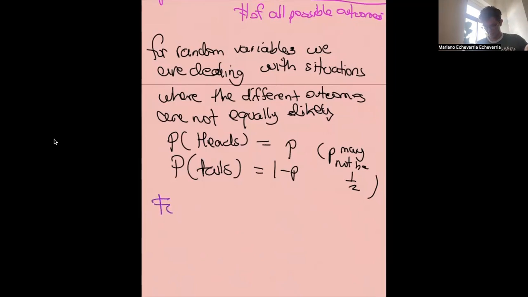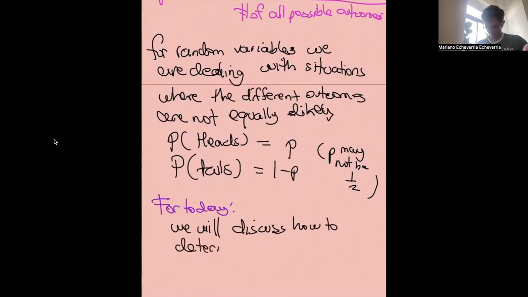So for today, we're going to discuss the reverse: how to determine the probabilities of the events based on certain information that you have of them.